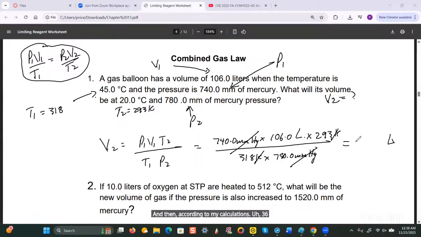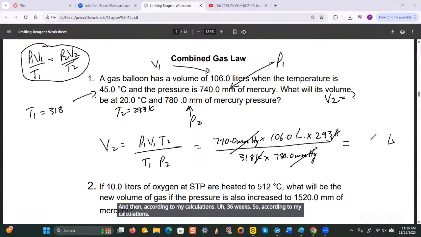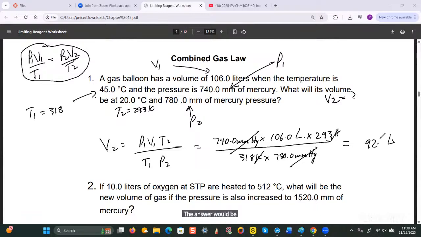So according to my calculations, the answer would be 92.7 liters. Let me do this again just to make sure I put in the numbers correctly. 740 times 106 times 293 divided by 318 times 78.